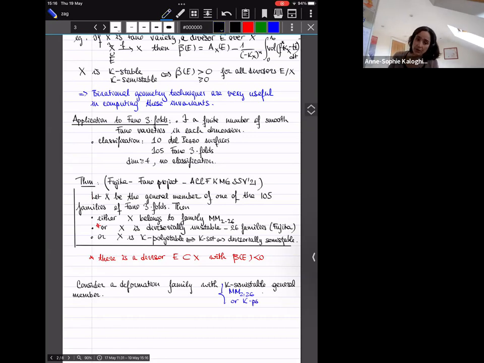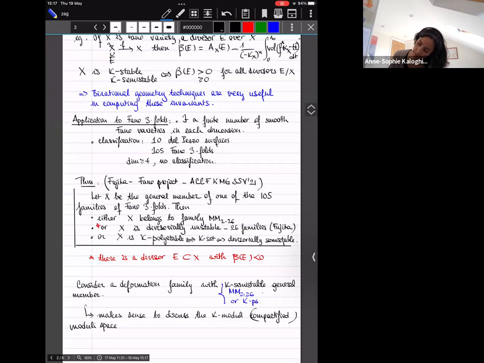Then it makes sense to discuss the K-moduli space, or the K-moduli compactification, of this family.